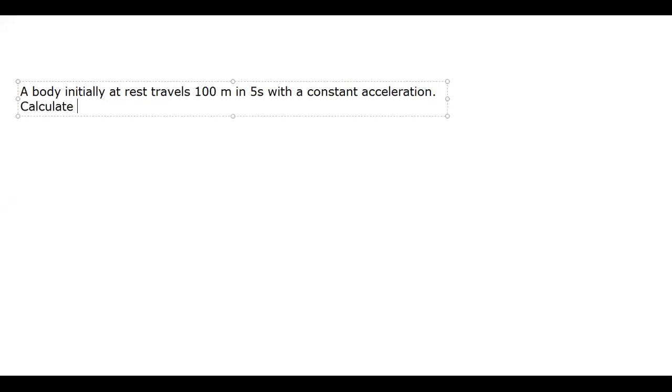Calculate first, what's the first thing you have to calculate? The acceleration. And the second thing you have to calculate is the final velocity at the end of 5 seconds.